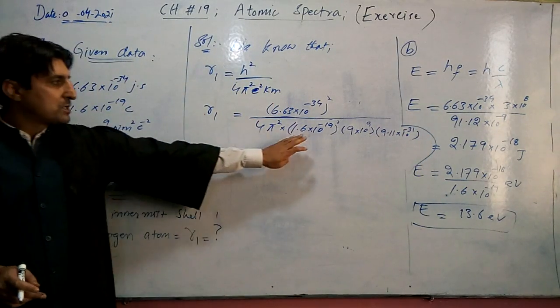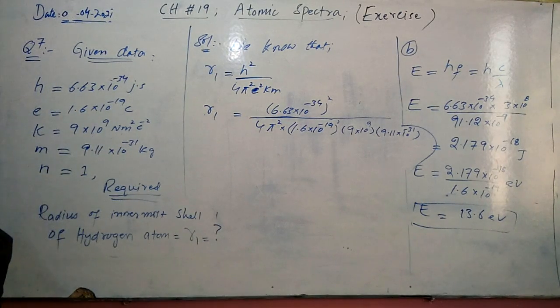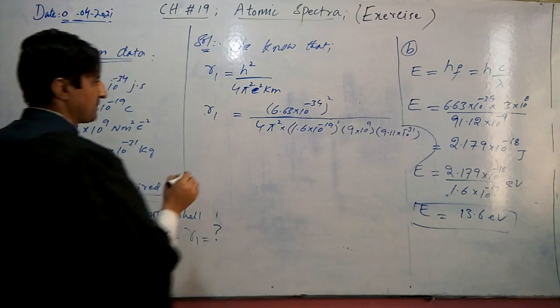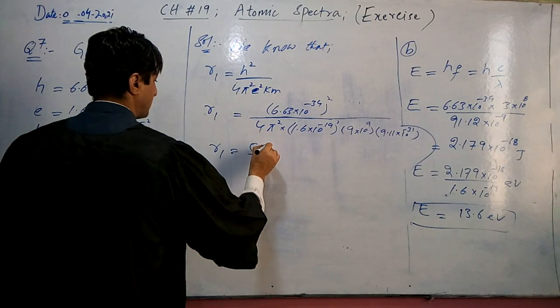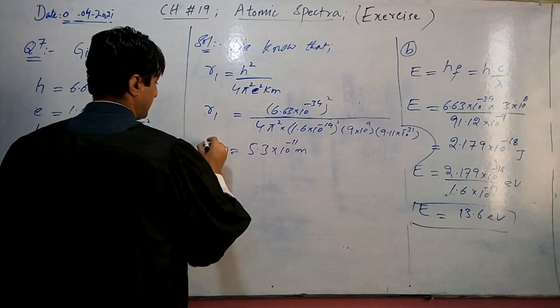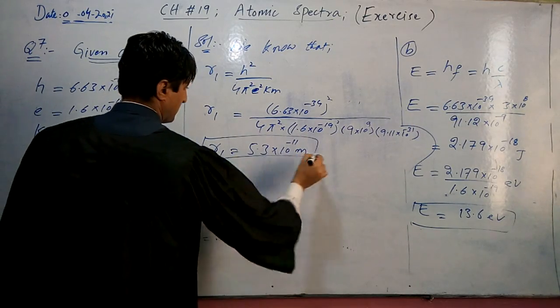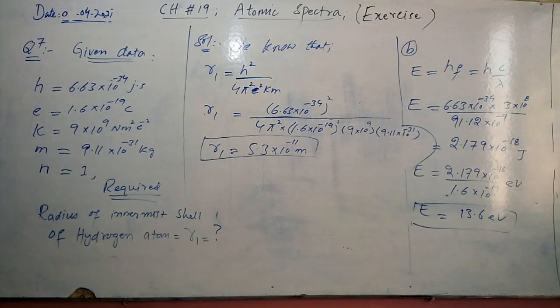So all the values are put here, and by calculating we get 5.3 multiplied by 10 power minus 11 meter. So R1 is equal to 5.3 multiplied by 10 power minus 11 meter. That will be the radius of the innermost orbit of the hydrogen atom.